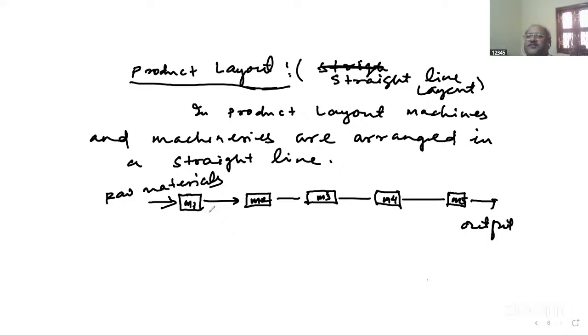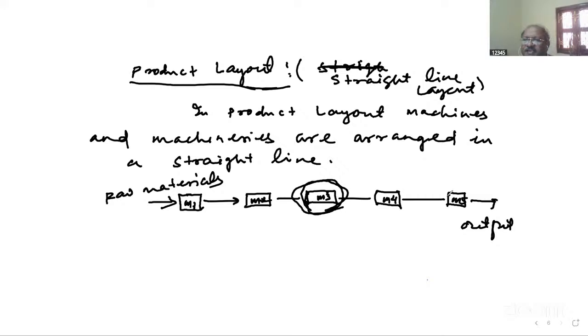And the second thing is what? If there is any problem, suppose a technical problem facing machine 3, it is very difficult to identify the breakdown. If one machine is not functioning, the entire system becomes paralyzed.